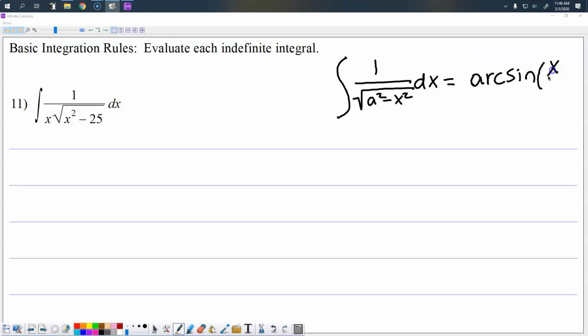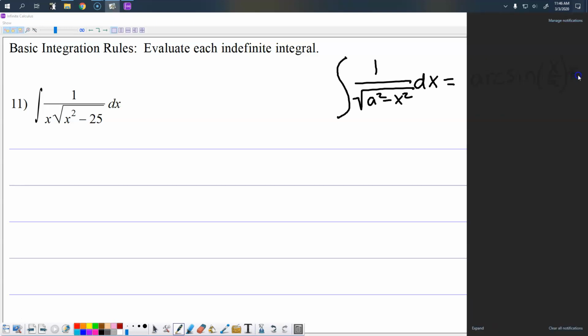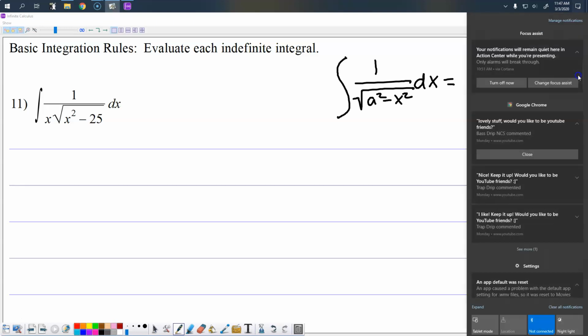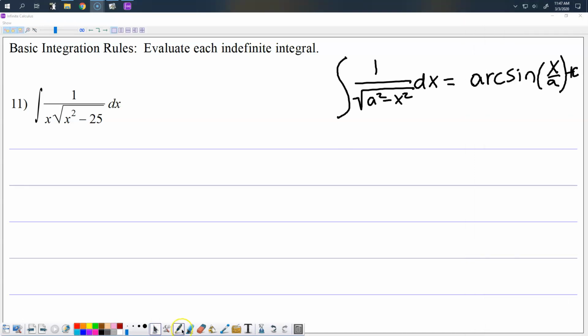So arc sine of x over a. So in other words, when you have this little setup over here, whatever the a is, whatever the x is, it just goes right in here. Now another way to write this, by the way, is with a sine with a little negative 1. It means the same thing as arc sine. So there you go.